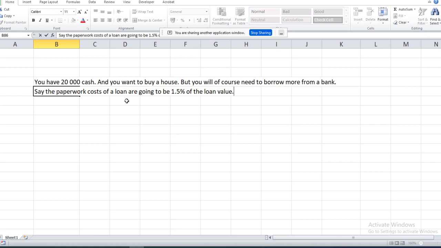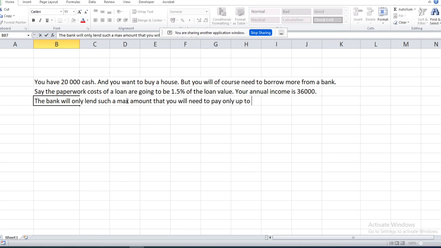And let's say your annual income is, say, 36,000, and the bank will only lend you such a maximum amount that you will need to pay only up to, let's say, 30% of your monthly income.